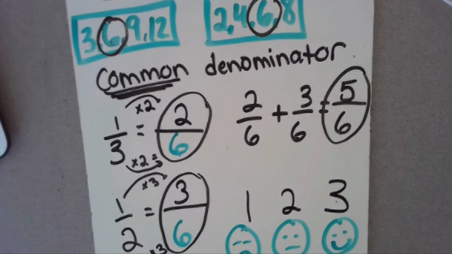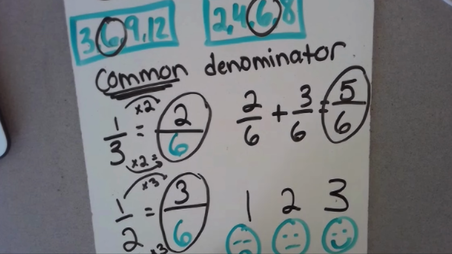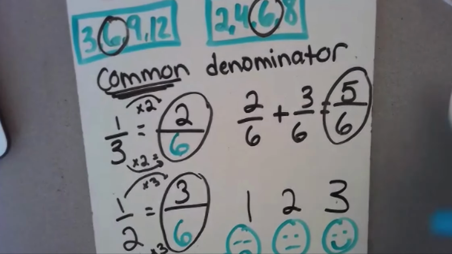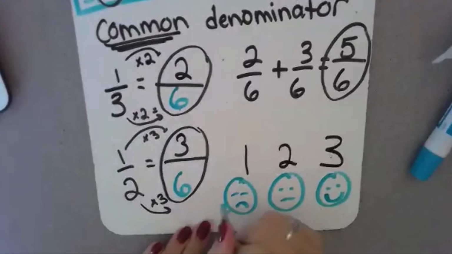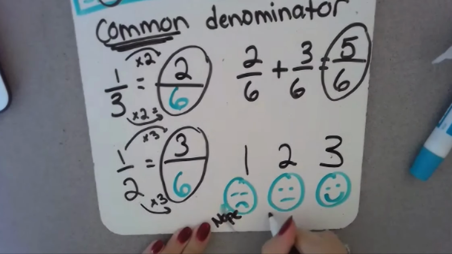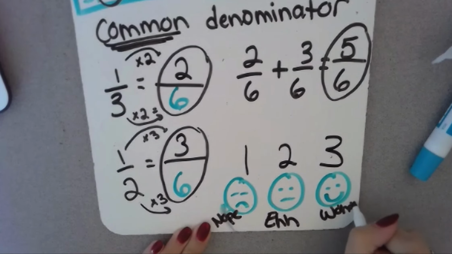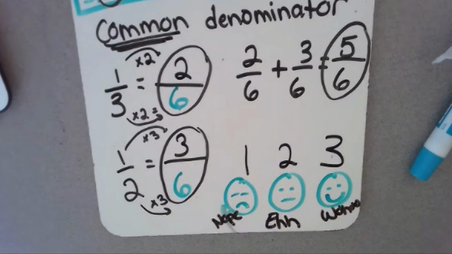Woo! Excellent. Good. You can't read that. Let me try to write it in black. So these are our options. We are either a nope, a so-so, or a woohoo. Let me know in the chat how we're feeling.